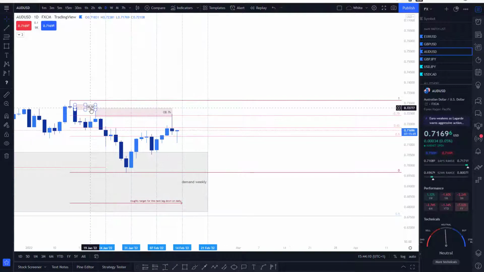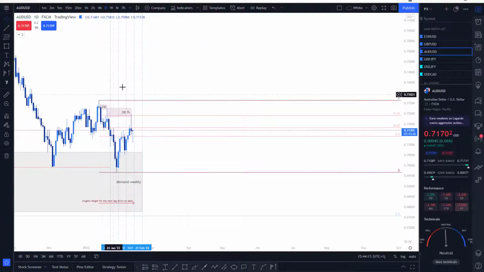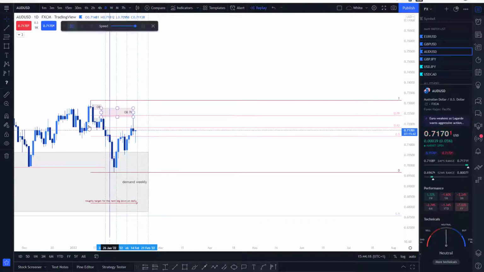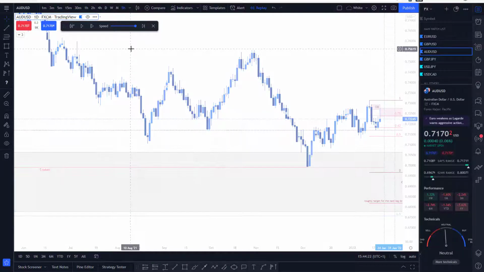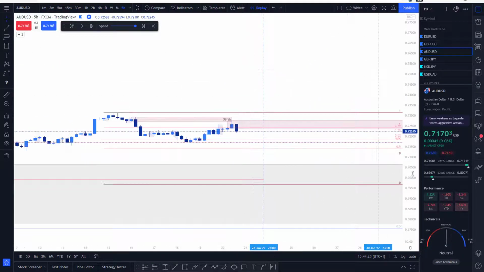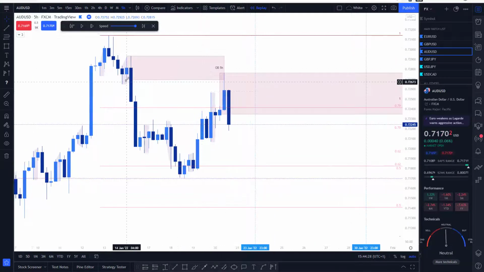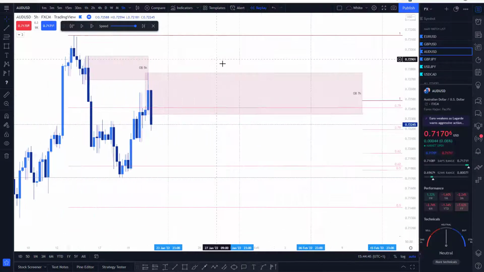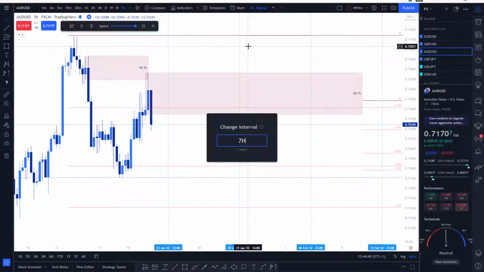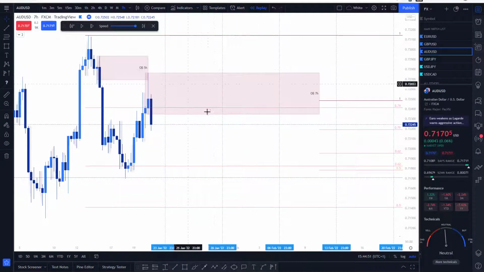I will show you the 5-hour order block here. Let me do the replay. And let's go on 5 hours. Okay, so this was the buy to sell that broke structure, and this was the liquidity creation, taking liquidity and tapping into this 5-hour order block and making a 7-hour order block or supply zone.